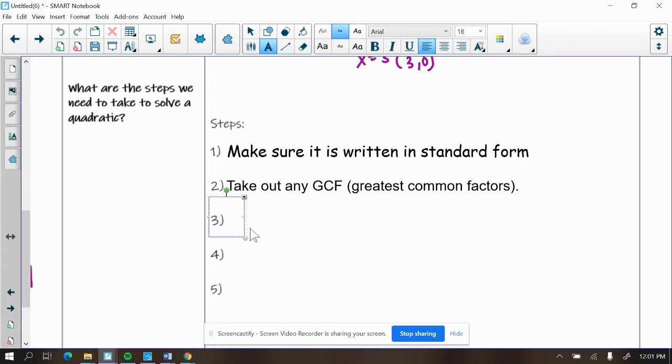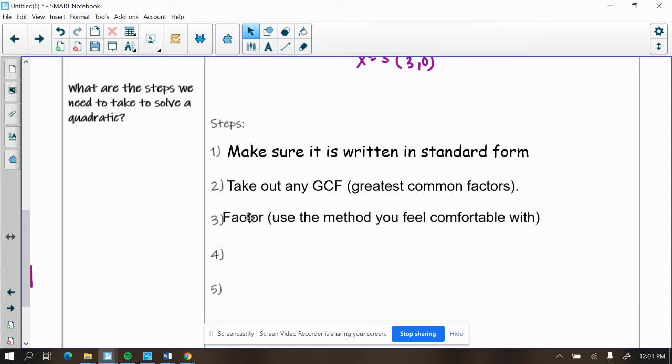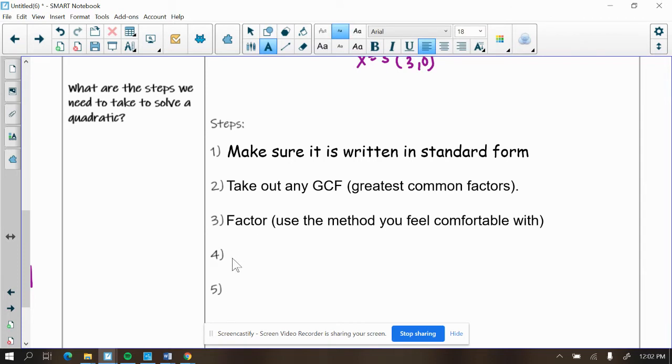The next step then is to factor. Use the method that you like the best. We have learned a few different methods: the box method, factor by grouping, which we kind of talked about, but not really, and the divide by A method. I'm going to show the divide by A method today so that you can see that again.